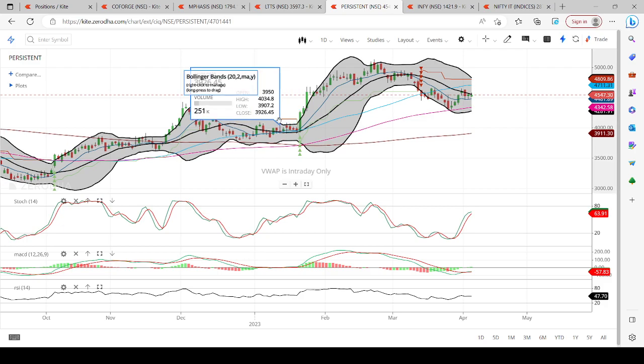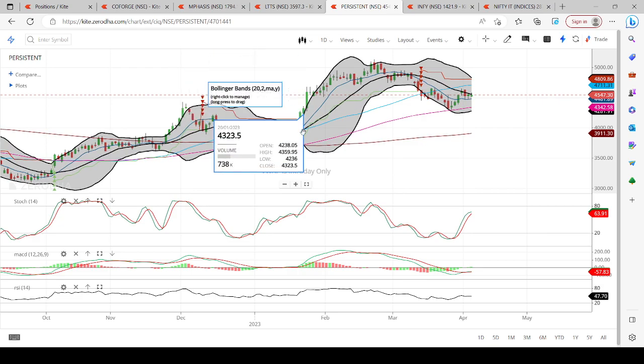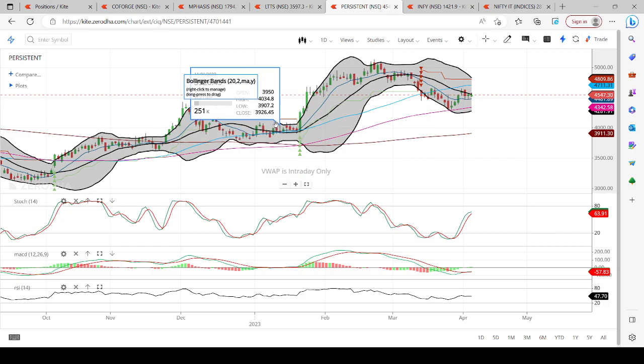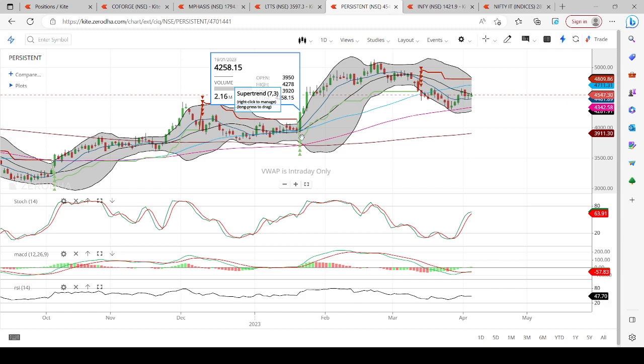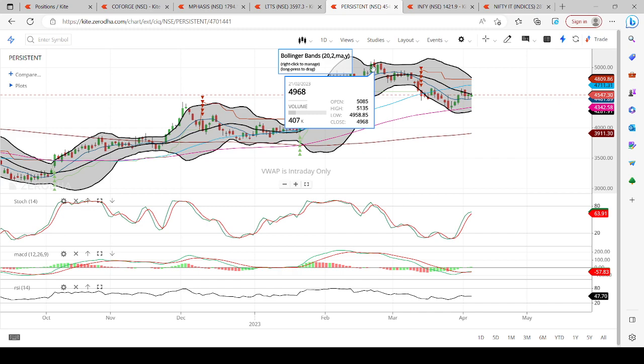See over here, it was a congestion, a consolidation phase, and then it gave a breakout, closed above the 20 moving average, and then fired like anything from 3900 to 5100. That is what about Persistent.